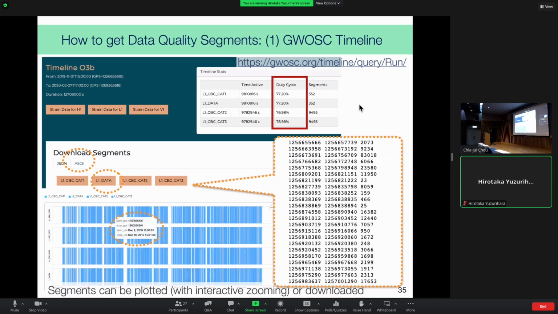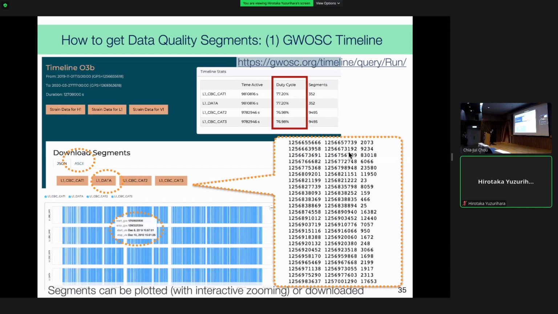Are there any questions? Actually, I have a question. For the online search and offline search, did they use different data categories? What data category do the online and offline searches use?